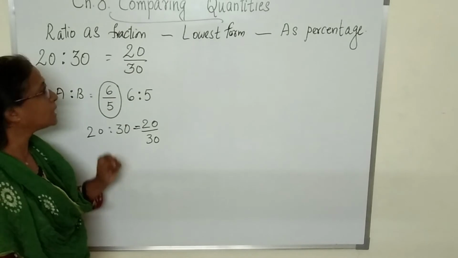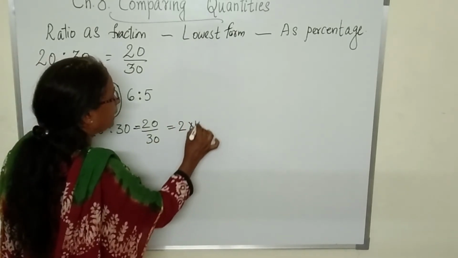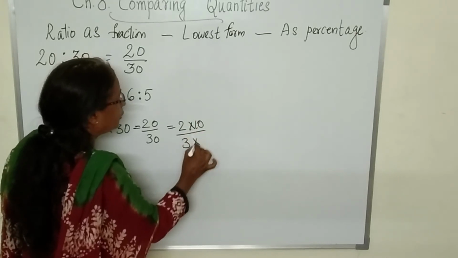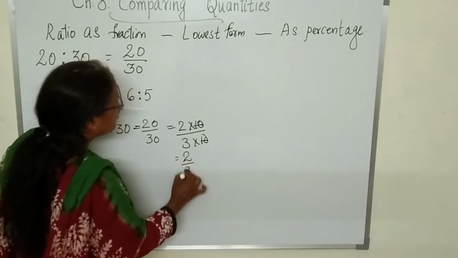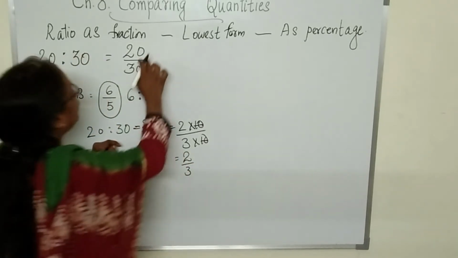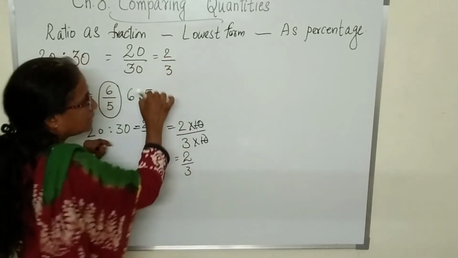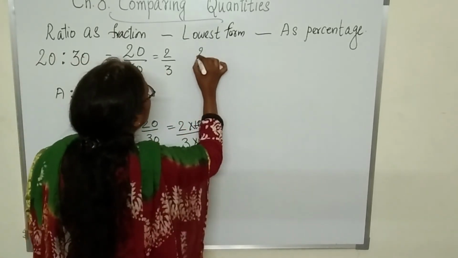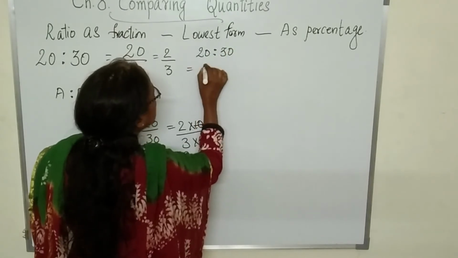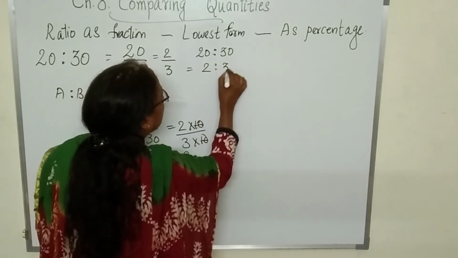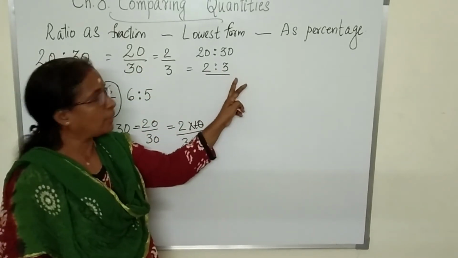So let us write this in the lowest form. 20 upon 30 can be written as 2 into 10 upon 3 into 10. Both the 10s get cancelled. We get 2 upon 3. So 20 is to 30 also can be written as 2 is to 3. This is called the ratio in the lowest form.